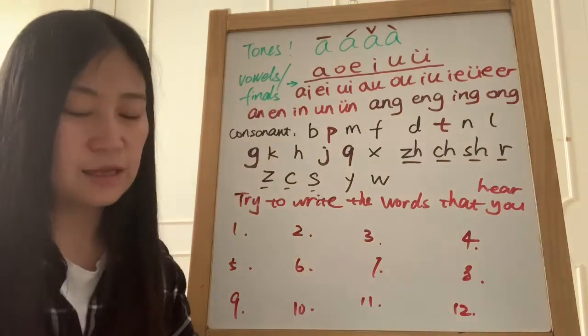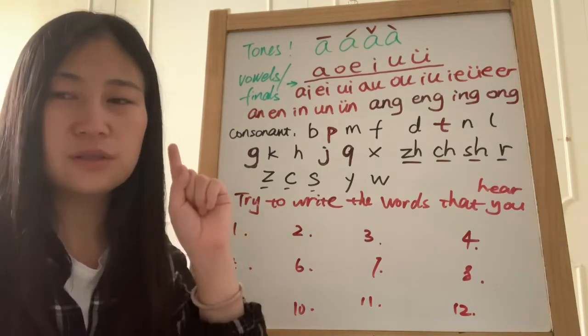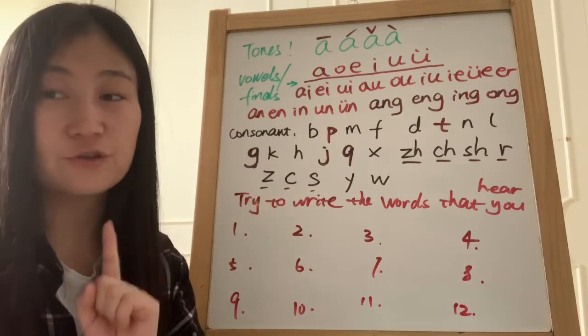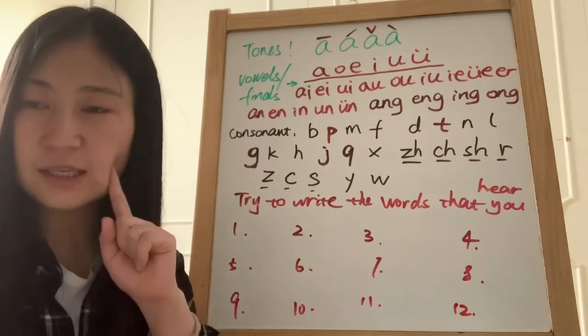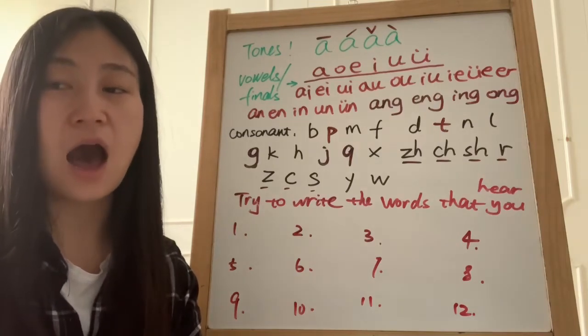Number 12, 早上. When you hear a syllable that's a little bit light, it doesn't have a tone either. Okay? Listen again. 早上.